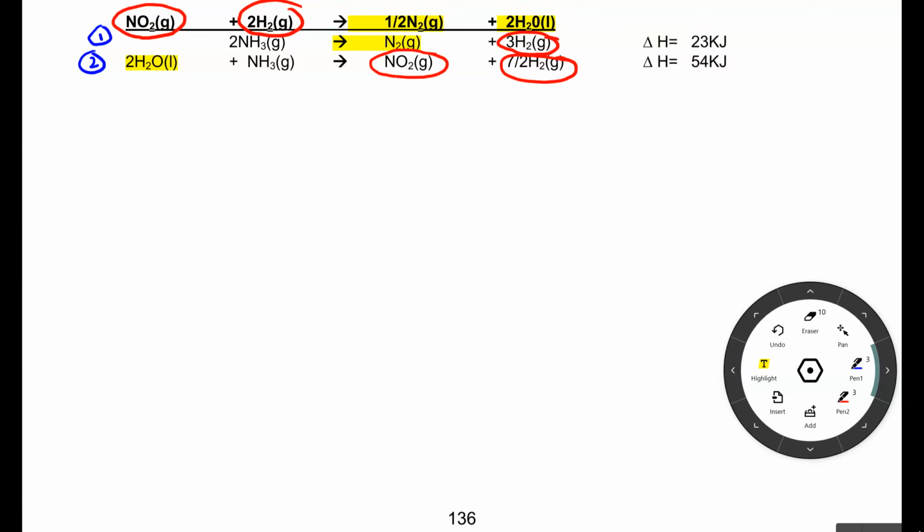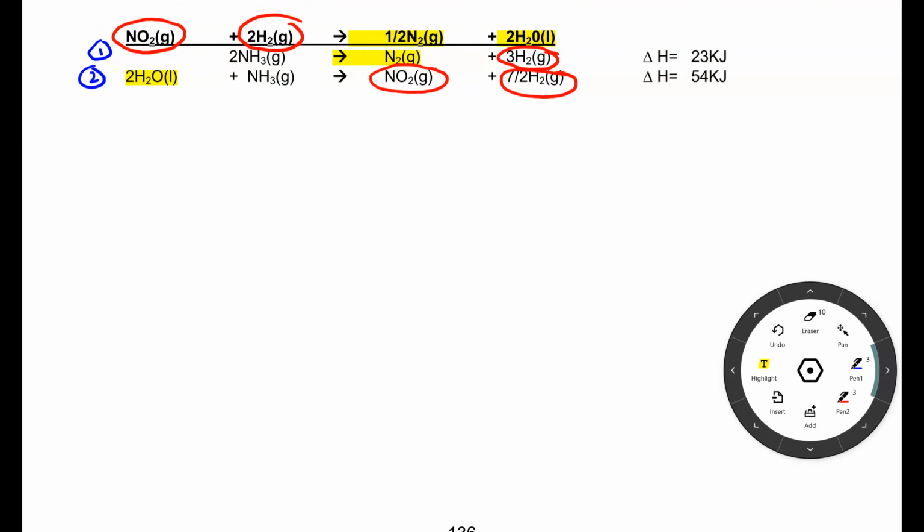Okay, now based on finding my products and my reactants from the target equation, I'm going to use these to come up with my strategy of how I am going to modify equation 1 and equation 2 so that when I add them together, they match the target. If I start with equation 1 here, what I notice is I've got nitrogen gas and hydrogen gas. I've got 2 of these substances on the right-hand side.